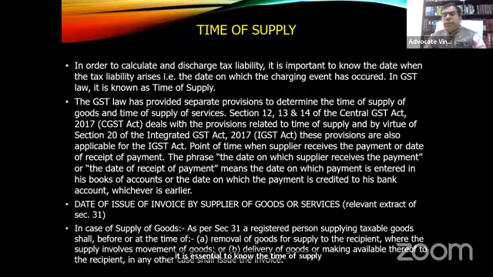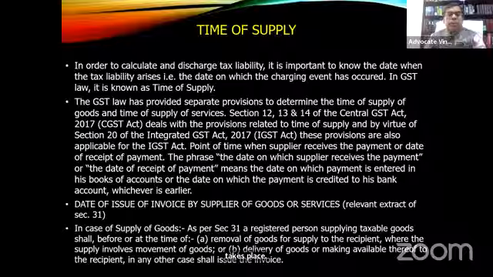The exact date when the taxable event took place, because it is necessary for tax to be paid, we need to know when the taxable event has taken place. And the time of supply tells us when the taxable event takes place. So in the GST, sections 12, 13 and 14 deal with provisions relating to time of supply.